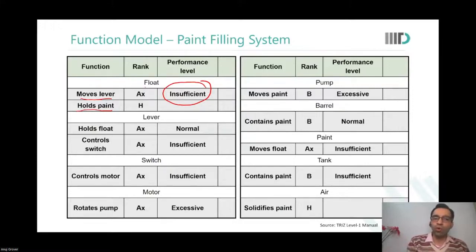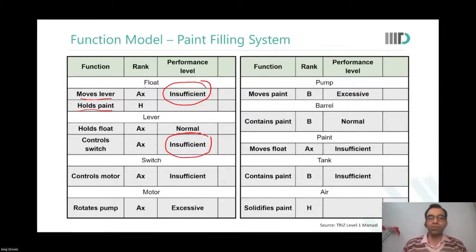Now, lever holds the float properly, that is acting normally, but lever is not controlling the switch sufficiently. Because if the lever was controlling the switch sufficiently, the switch would have turned off the motor, and then extra paint would not have been pumped in there. So the action on switch is insufficient.